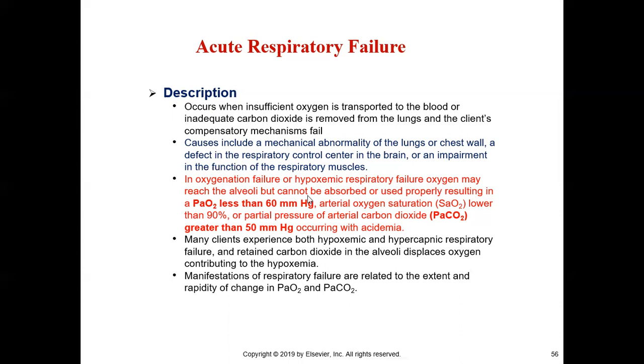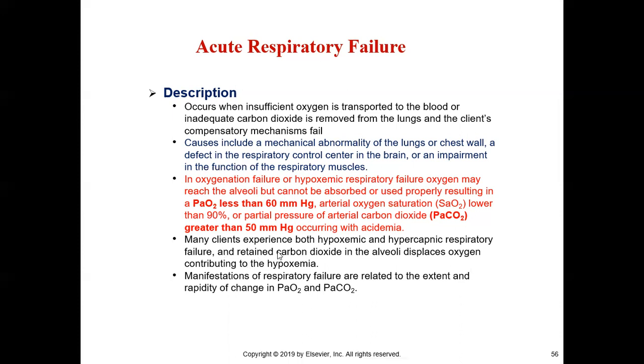So when a patient has acute respiratory failure, if we take blood for arterial blood gas analysis, we will see the saturation of oxygen is less than 90, and the partial pressure of oxygen is reduced to less than 60 millimeters of mercury, but carbon dioxide is accumulated in the body, and the partial pressure of carbon dioxide is greater than 50 millimeters of mercury.